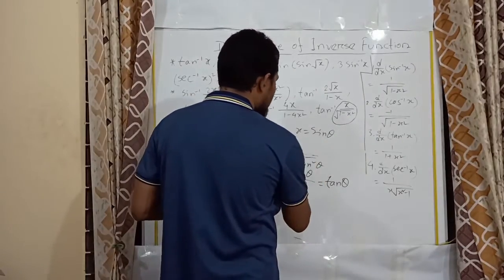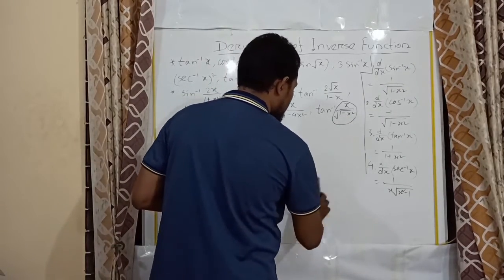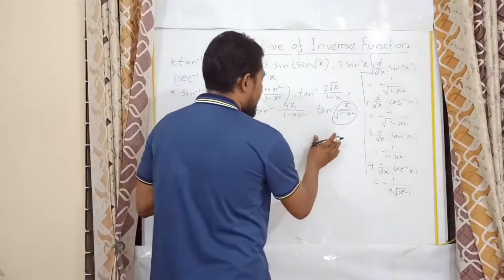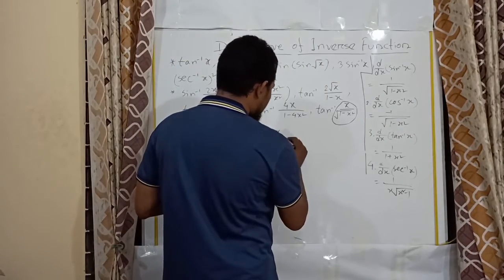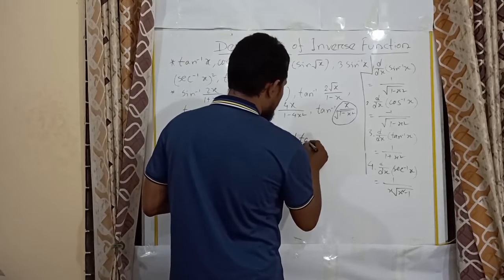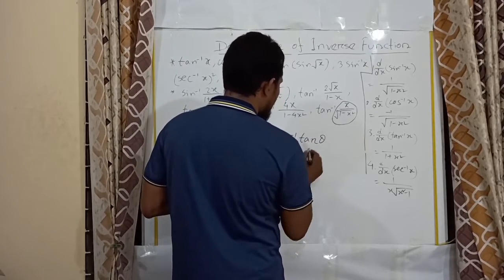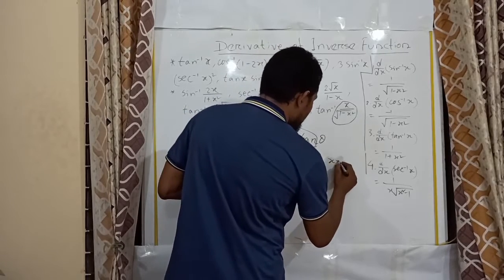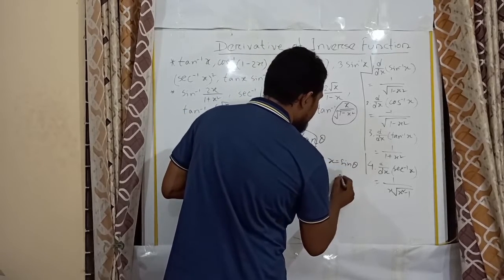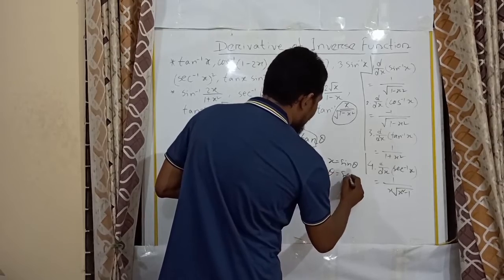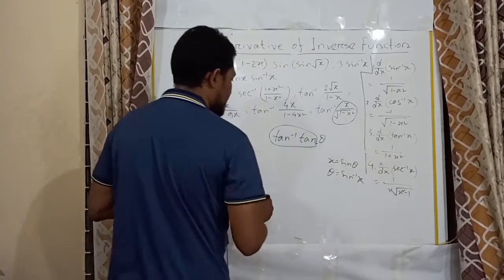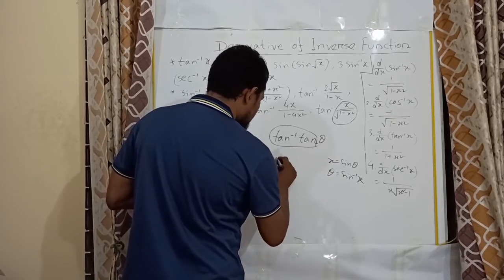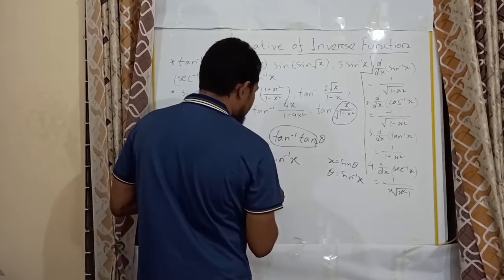So now we will put tan theta here, so tan inverse tan theta, so tan will be cancelled. As we have taken x equal to sine theta, theta equals sine inverse x.